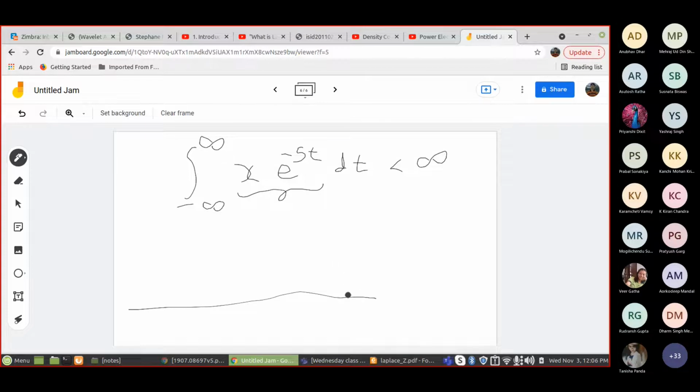At one of the two infinities, this cannot be a constant. Had it been a constant at infinity, then this integral would not be finite. If you integrate constant functions over an unbounded interval, the integral is not finite. So if this approaches some constant at infinity, then this integral is going to diverge. So this product has to be 0 as t goes to infinity. For any non-zero constant, the Laplace transform of x is going to diverge.